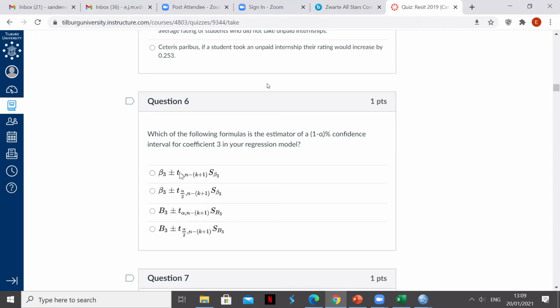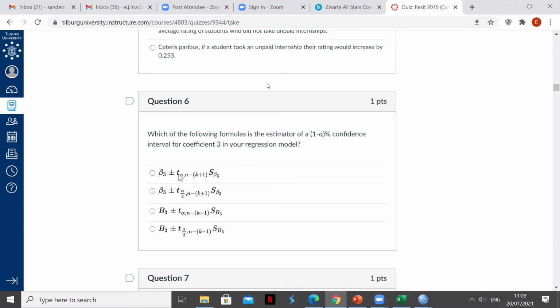Here they use normal alphas and alpha divided by 2. The first thing that you should have immediately noticed, if you know the theory well, is that it can't be the first two. And even though they look all very similar, that's why it's so important to know your formulas exactly.